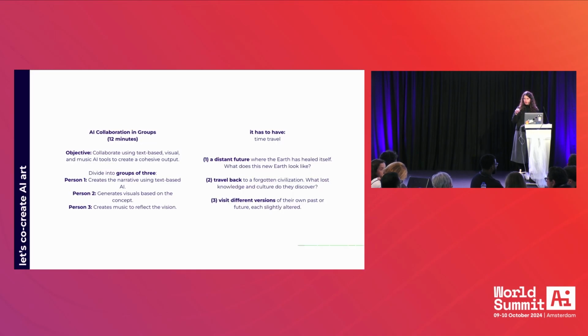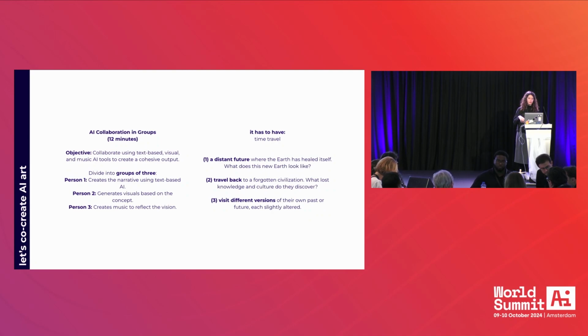So we will have 3 groups. Everyone needs to have 3 people around them. Could you please form groups? One person will use text-based AI, one person will create images, one person will create visuals. There are 3 alternatives you can do. One, you will travel to the future and think about what an Earth situation would be.